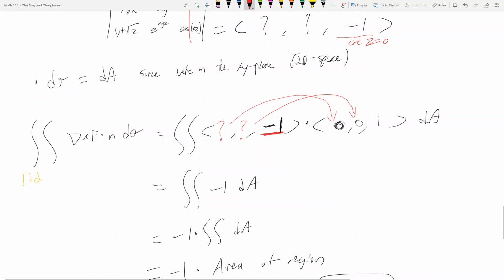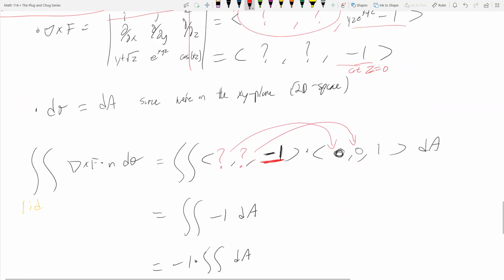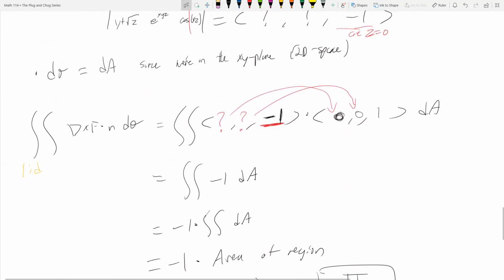So then this double integral over the lid or the disk, I've been calling it interchangeably the disk and the lid, becomes the double integral of curl of f dot n d sigma, which ends up being -1 times dA.